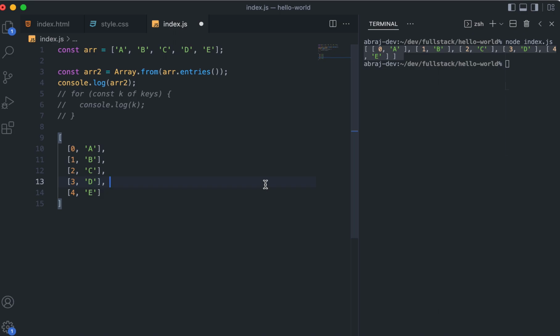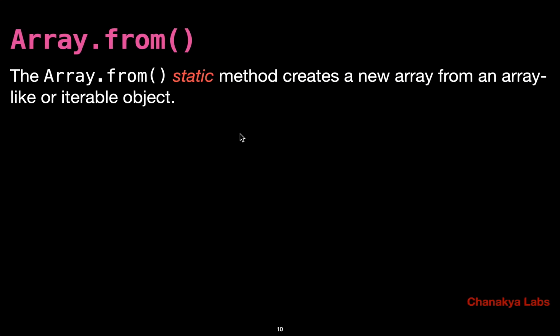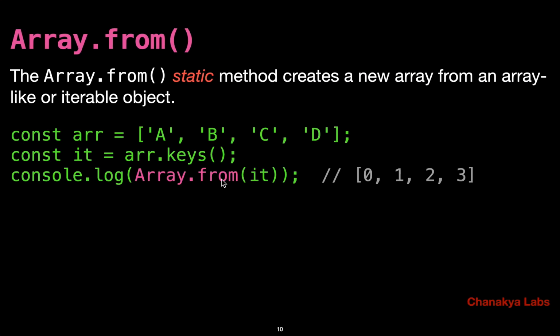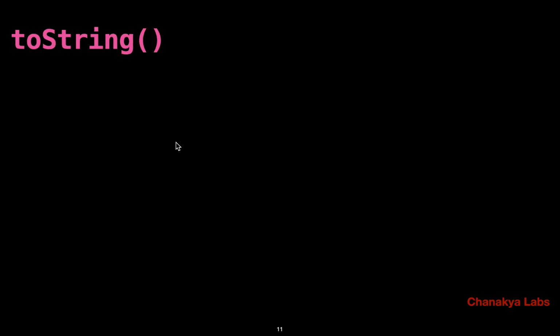Fair enough, as we have seen earlier for entries. So yes, we can convert iterables into arrays, and in fact there are many other things from which arrays can be created, for example maps and sets, which we'll discuss later. There also Array.from can be used. Now there's something called toString.